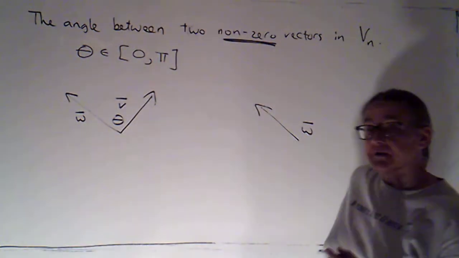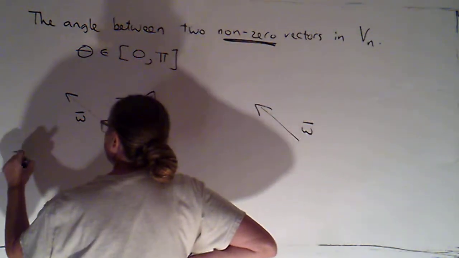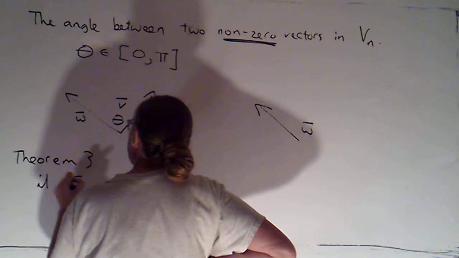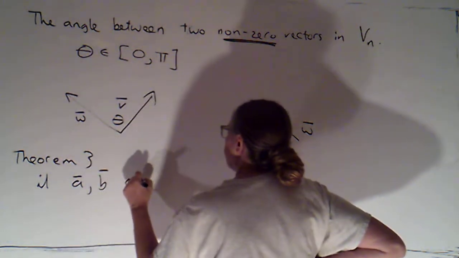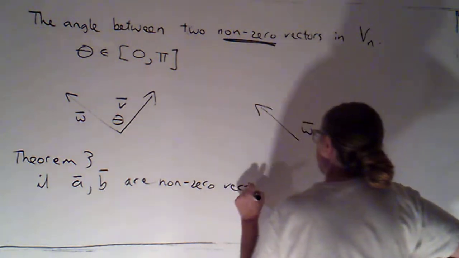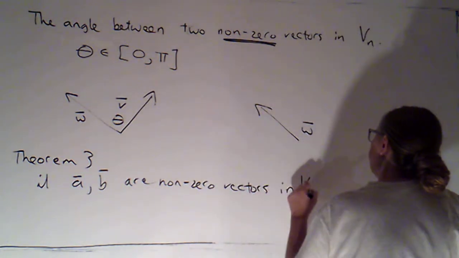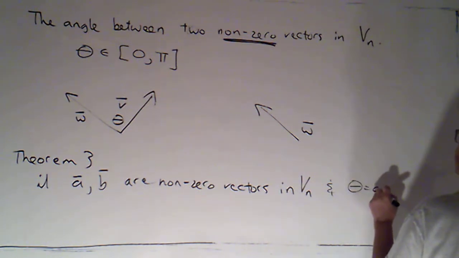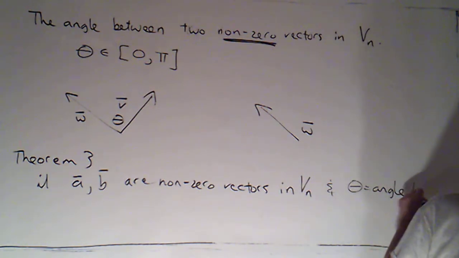Now, it turns out we've got a theorem, Theorem 3. If A and B are non-zero vectors in Vn, and theta is the angle between them.